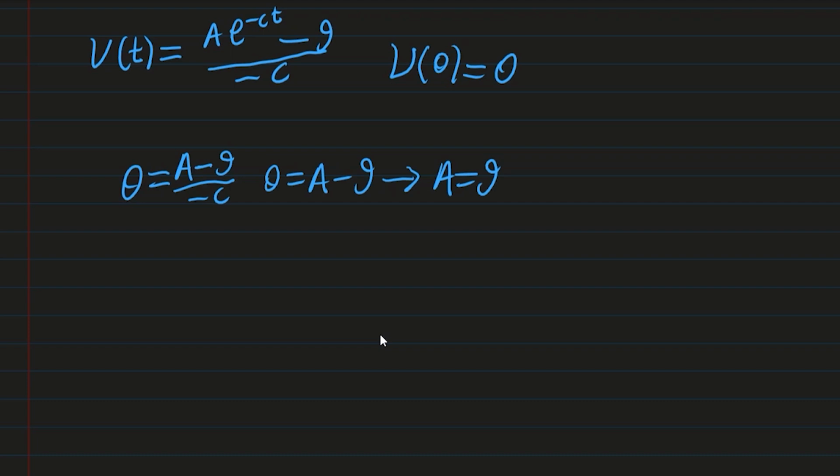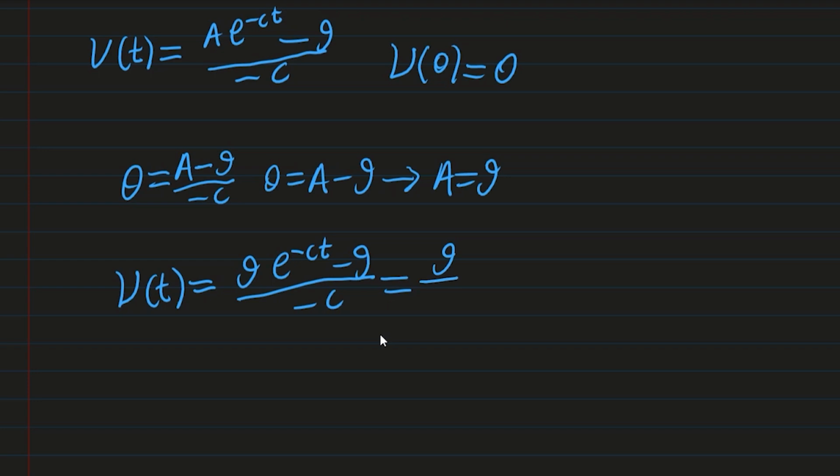So this means that the velocity is going to be equal to g times e to the negative ct minus g, all of it divided by negative c. If I pull out a negative from these two terms and also a g, this is also equal to g divided by c, and I'm left with a 1 minus e to the negative ct.